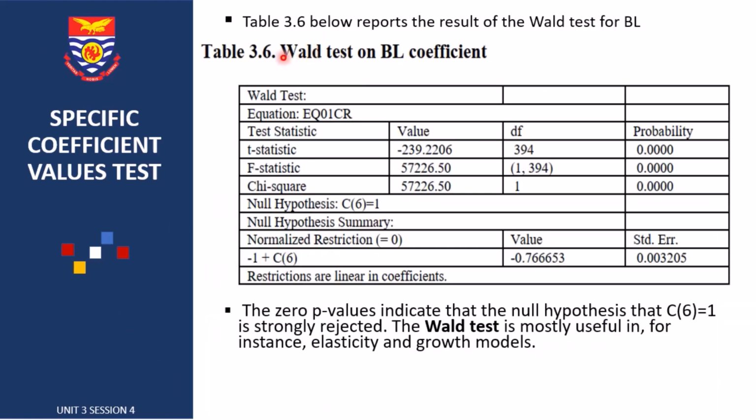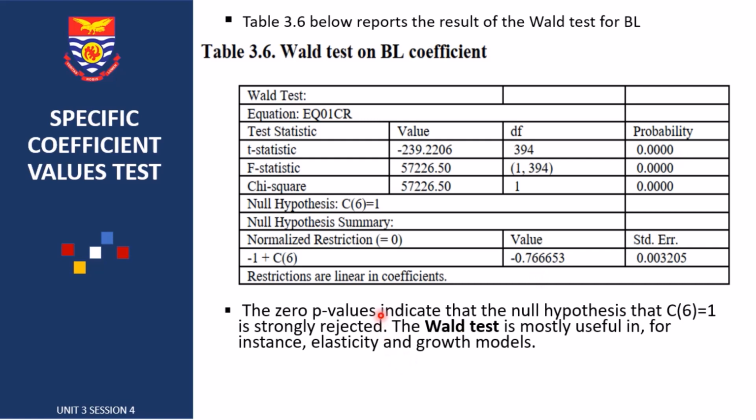Table 3.6 below reports the result of the Wald test for the BL coefficient. That is, we are testing whether the BL coefficient is simply equal to 0. Here our focus will not be on the upper part, but we will focus on the p-values, where we had 0.000, which indicates that we have strong proof that this value is significantly different from 0.